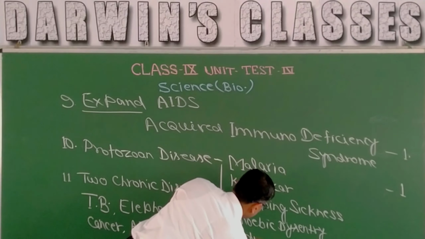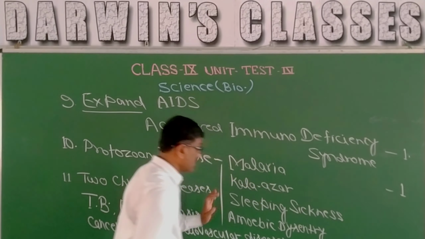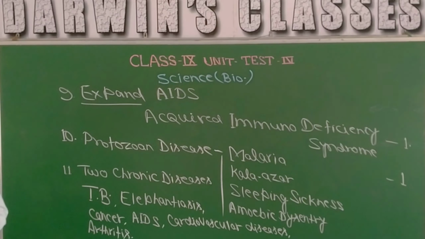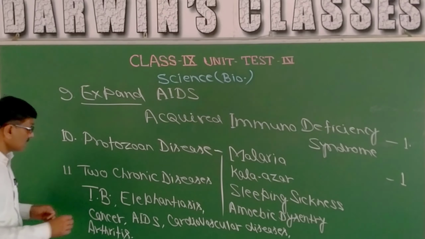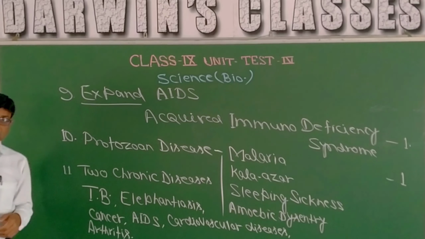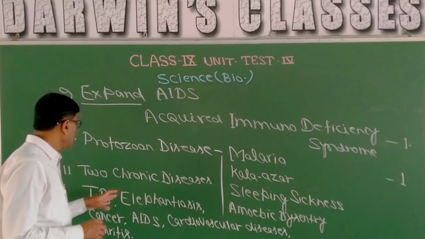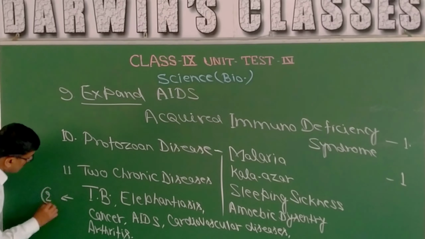These are chronic diseases like tuberculosis, elephantiasis, cancer, AIDS, cardiovascular diseases, arthritis. So you have to write down any 2, and by writing any 2 of them, you will get 2 marks.